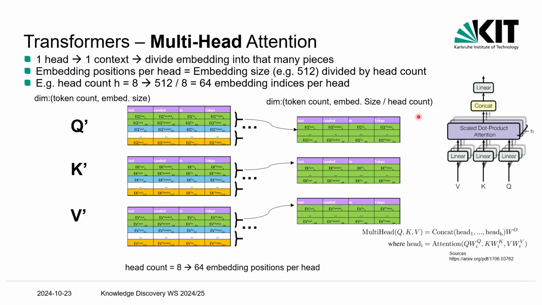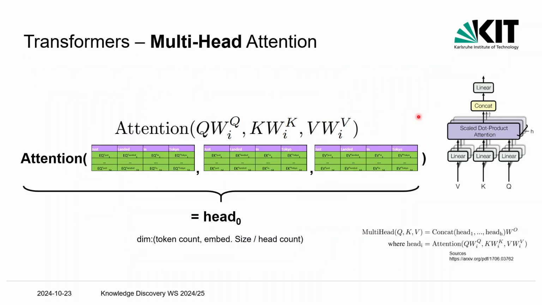Then we actually compute the attention on it. And this will then be our first head. So as you see here, from the dimensions that you have for this head, we have the token count, the amount of tokens that we have, on one hand, but also the embedding size divided by the amount of heads, which would be 512 divided by 8.